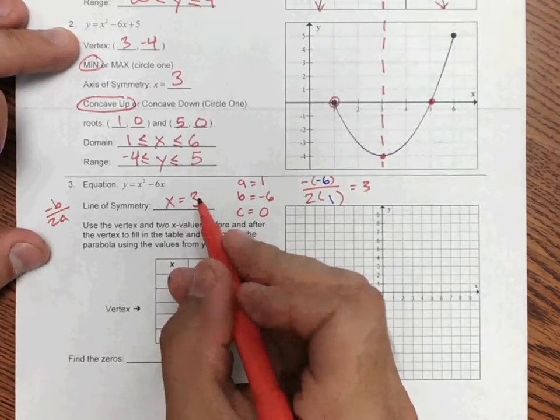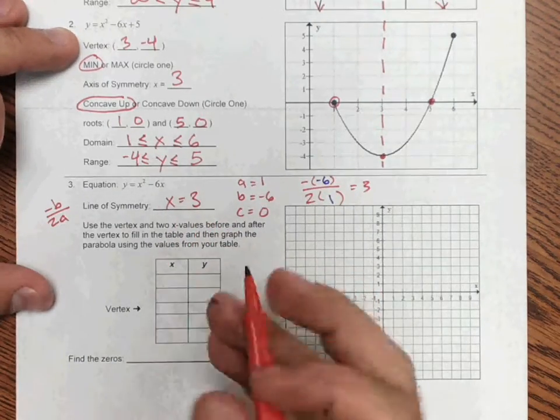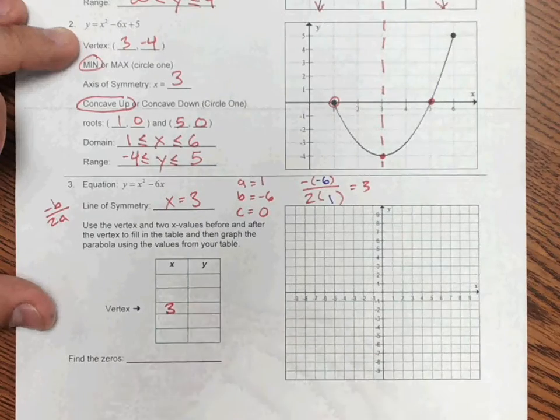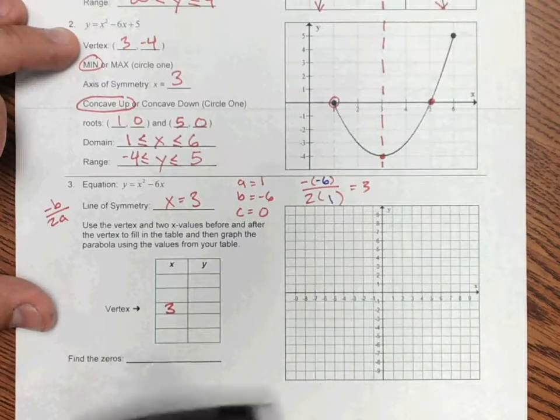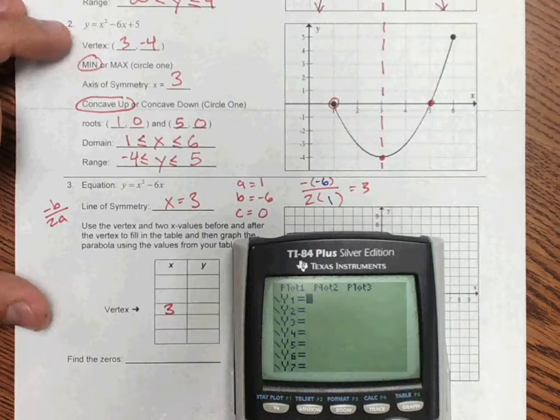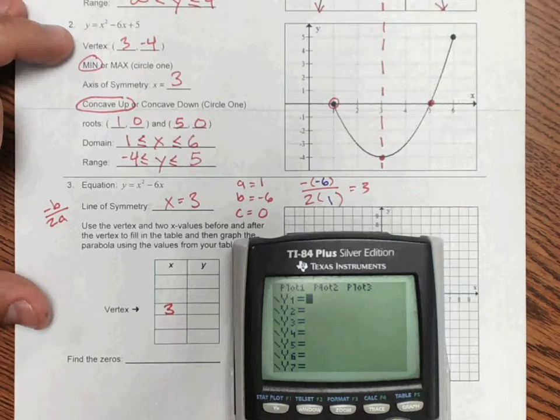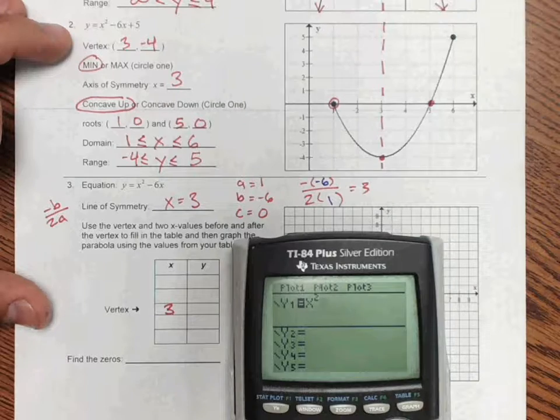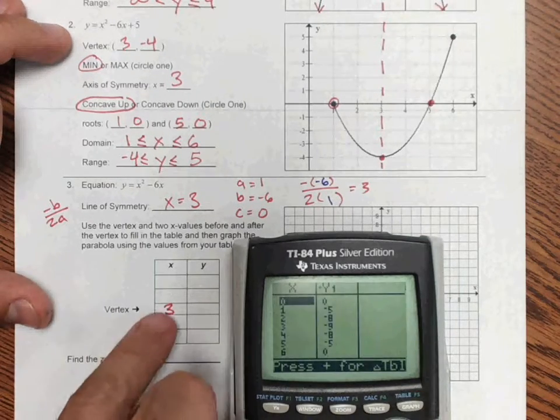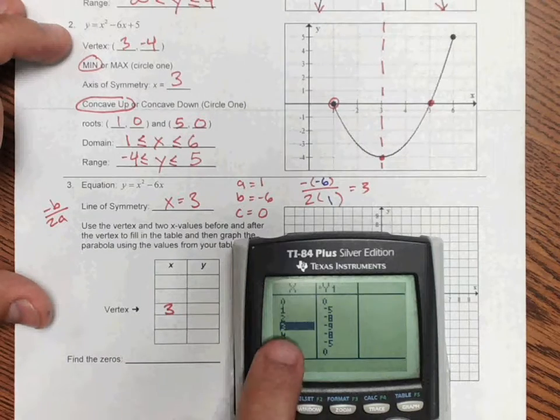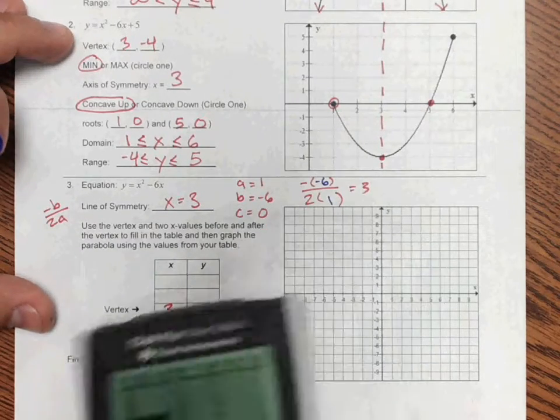Now this is helpful because the line of symmetry always goes through the vertex. It means the vertex must have an x value of 3. So what I need to do next is take the equation, plug it into the calculator, x squared minus 6x, and go to the table to find my vertex value. So when x equals 3, y equals negative 9.